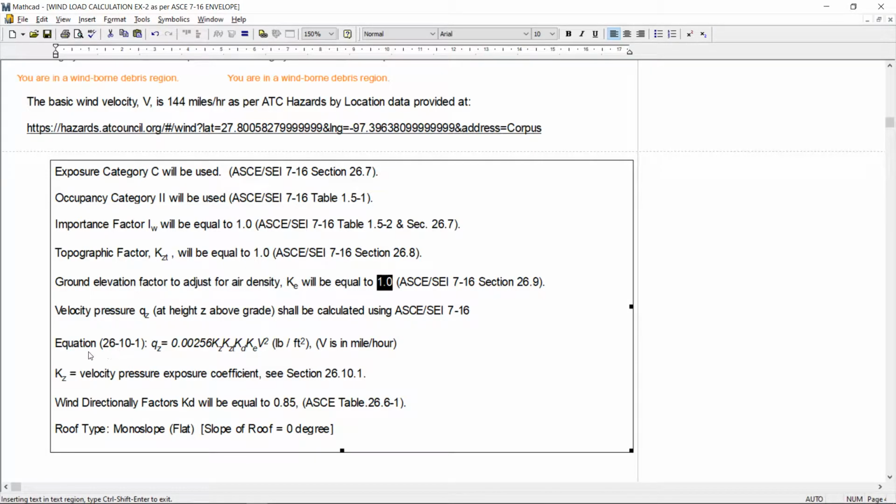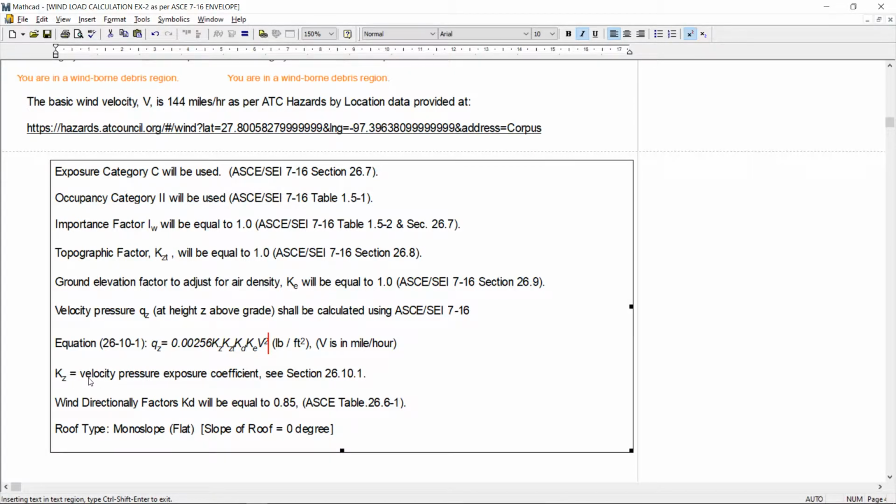The wind velocity is calculated as per equation 26.10-1. The same old equation, but now they have dropped the importance factor I, because the importance factor I for all types of building is 1 now, so it should not be used anymore.